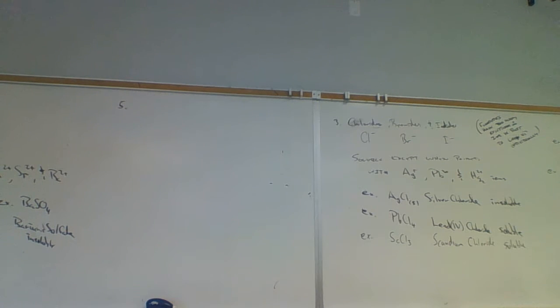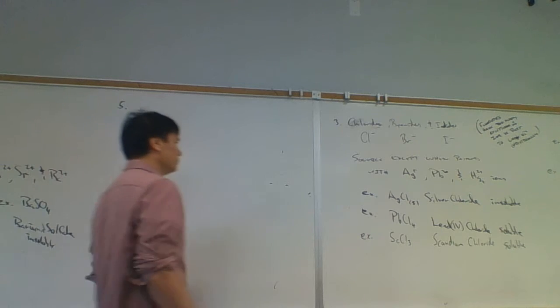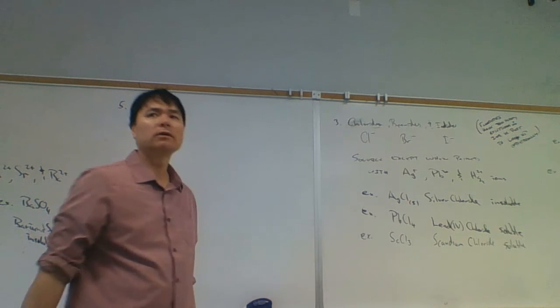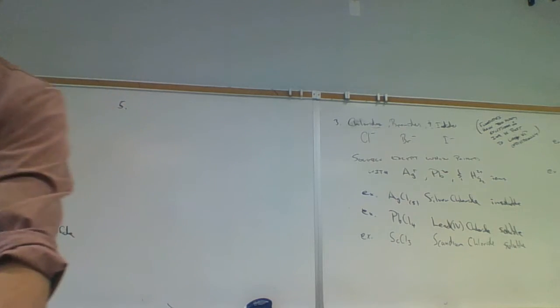So those that are insoluble just remain as a solid. Yes, right. For example, 0.1 moles of sodium chloride would weigh roughly 3.6 grams, and we could dissolve more than that in a liter. But silver chloride, you know how much you can dissolve?